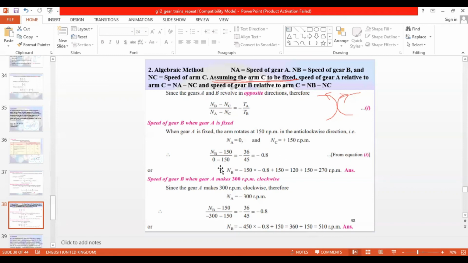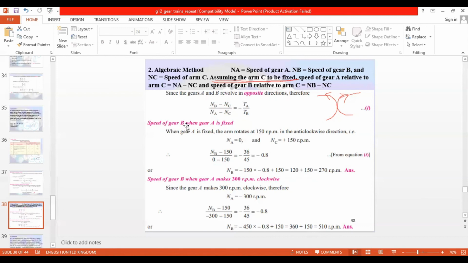When you solve it, NB minus 150 is equal to 150 into 0.8, as the minus cancels. 150 times 0.8 is 120. So NB minus 150 is equal to 120, NB is equal to 150 plus 120, which is 270 rpm.